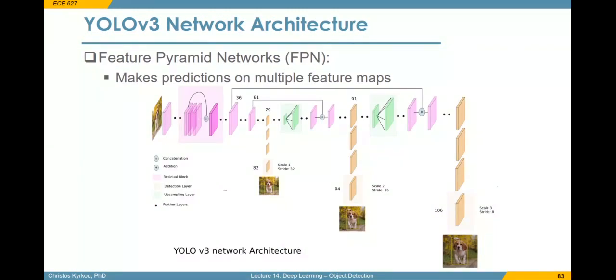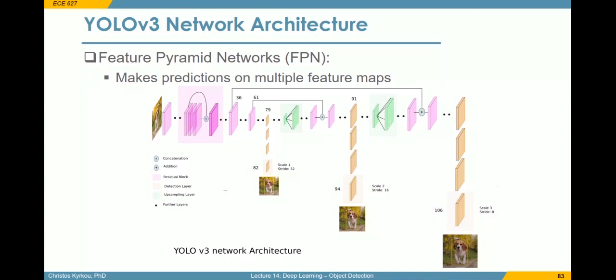But perhaps the major contribution came in the form of a multi-scale prediction from different parts of the network. So before, they had at the output of the network only one tensor with stacked predictors.